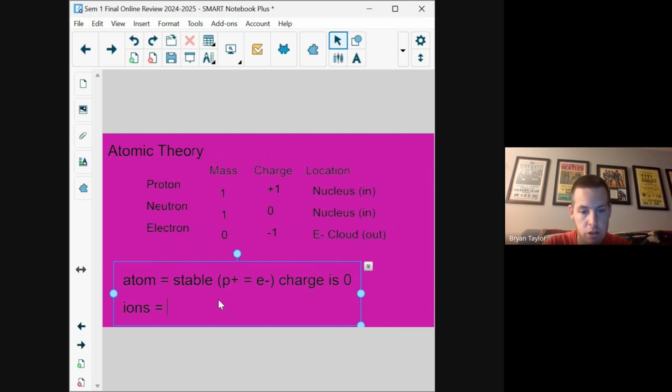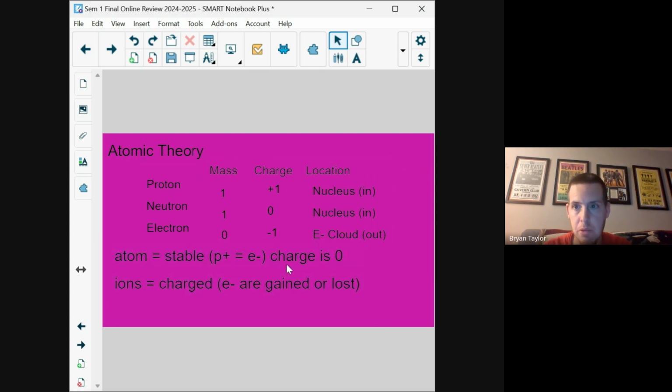Ions, charged. The electrons are gained or lost. And we talked about if electrons are gained, that's like -1, -2. If they are lost, it's +1 or +2.